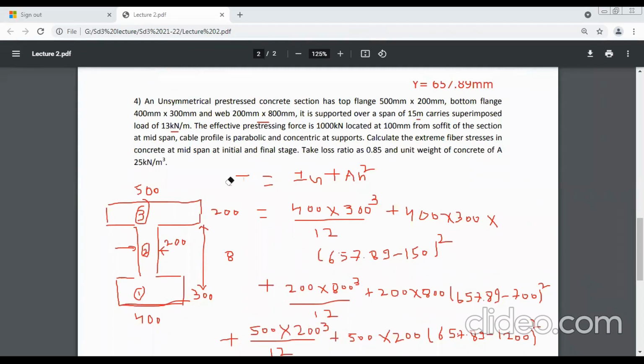Now tell me how much the moment of inertia. So I is equal to... anybody ever done the calculation? 7.04 into 10 raised to 10 mm raised to 4.